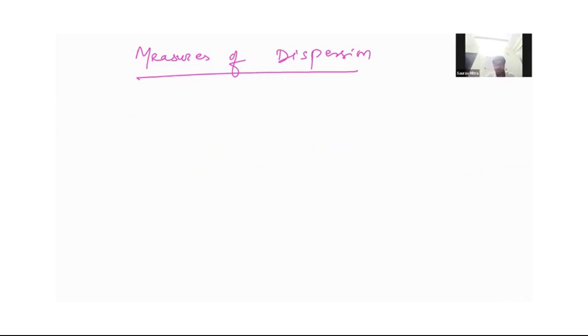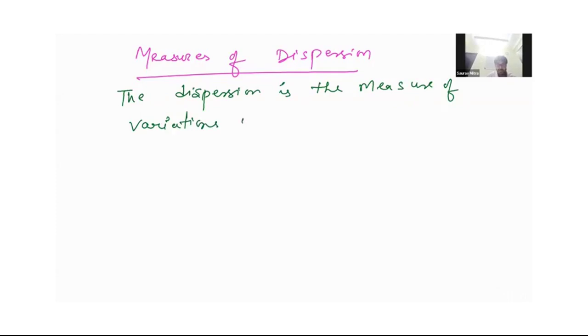The dispersion is the measure of variations in the values of the variable, the result variable that was given. The dispersion is the measure of variation in the values of the variable.